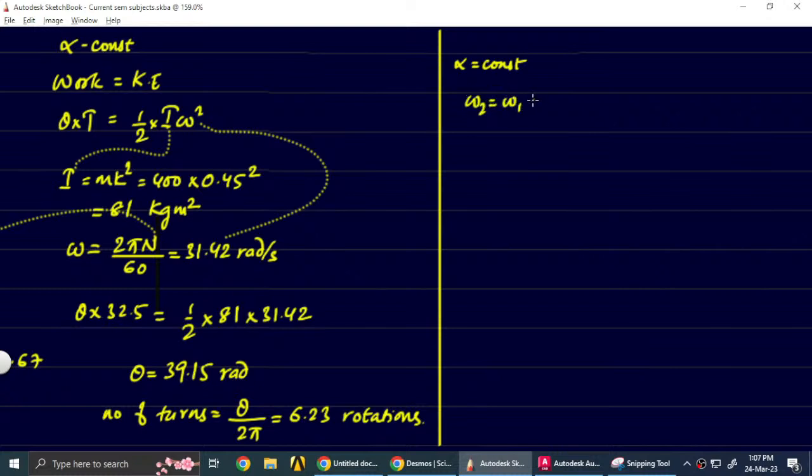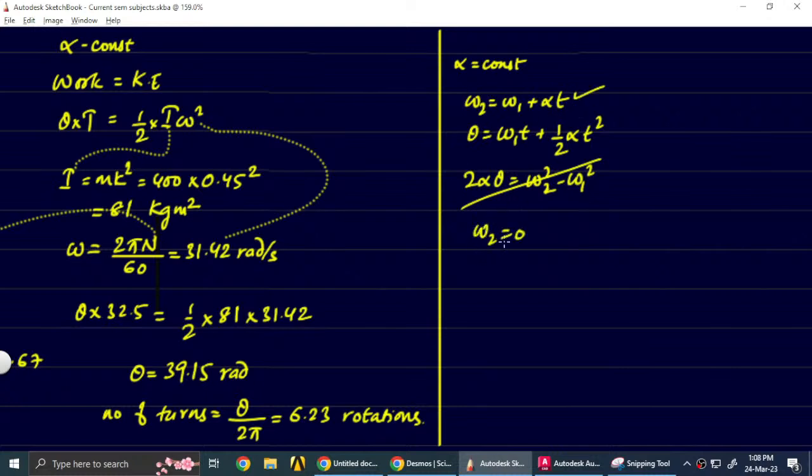That is omega 2 equals omega 1 plus alpha t, then theta equals omega 1 t plus half alpha t square, and then 2 times alpha theta equals omega 2 square minus omega 1 square. Now this relation doesn't have time in it at all, and this relation is a little more complex. We know the final velocity, we know the initial velocity, which is a constant. The final velocity is 0, so of course we can use the first relation itself.